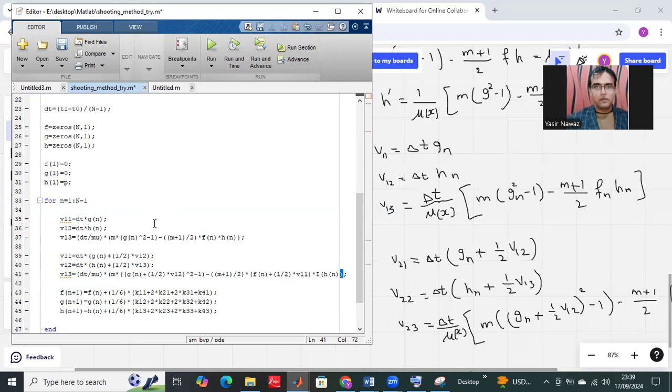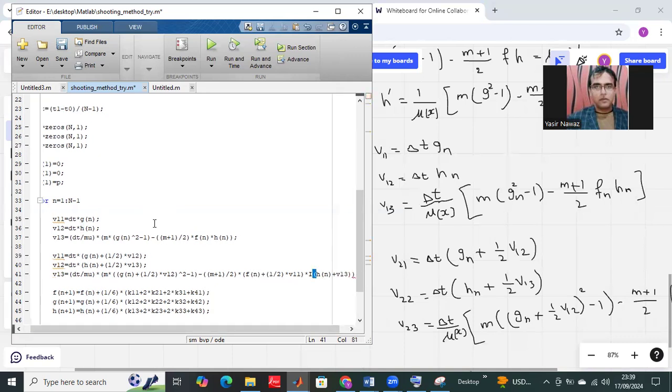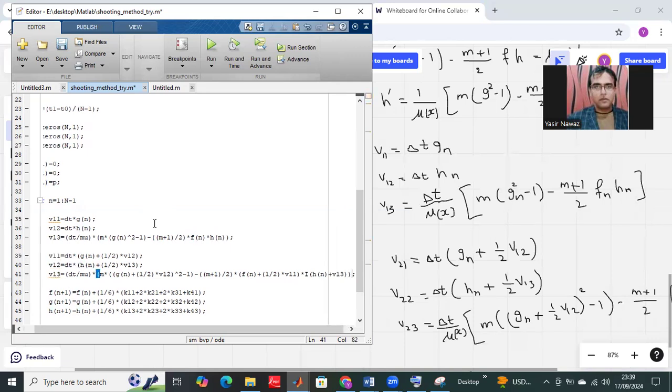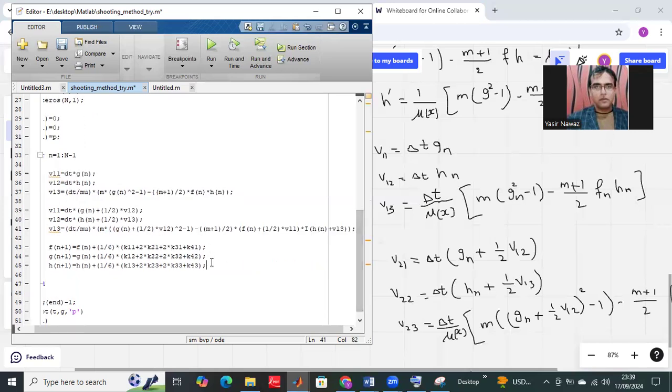Then for Hn, we have V13. So now this step would be 2-1, 2-2, 2-3.